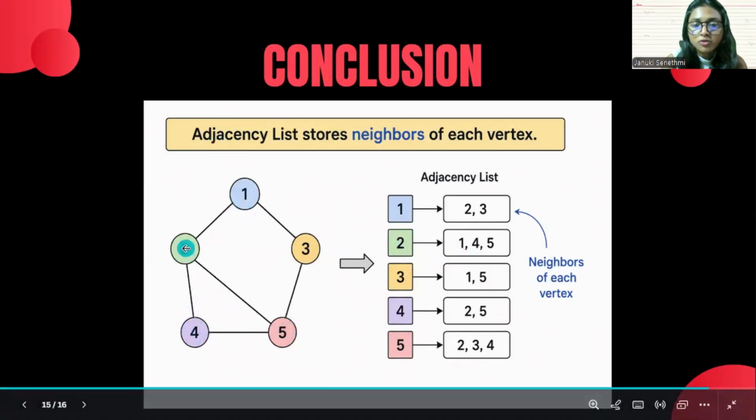So the neighbors of 2 are 1, 4, and 5. 3 is only connected to 1 and 5, which makes the neighbors 1 and 5. And 4 is connected to 2 and 5, and the neighbors are 2 and 5. And 2, 3, and 4 are connected to vertex 5.